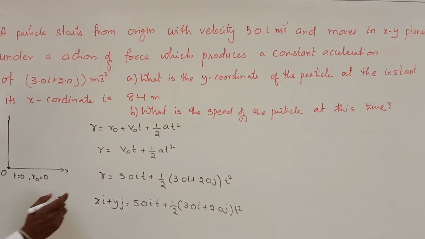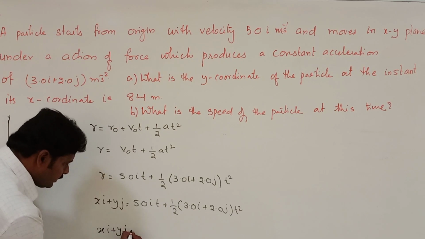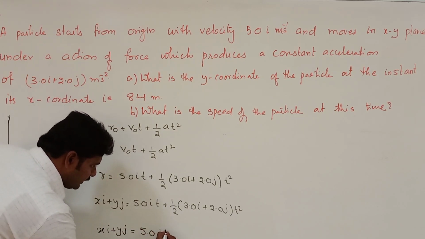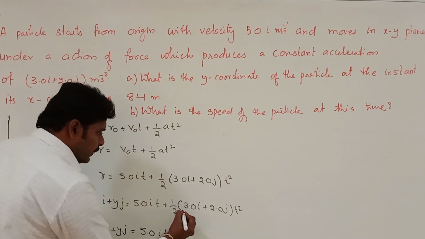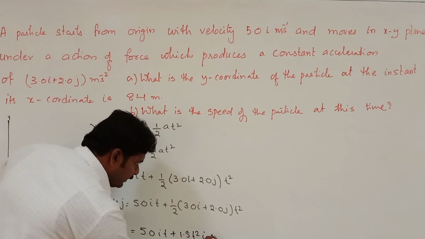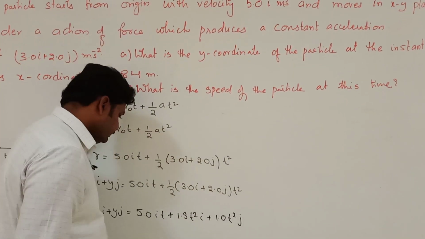Now here xi plus yj is equal to 5.0 i t plus 1.5 t square i plus 1.0 t square j.